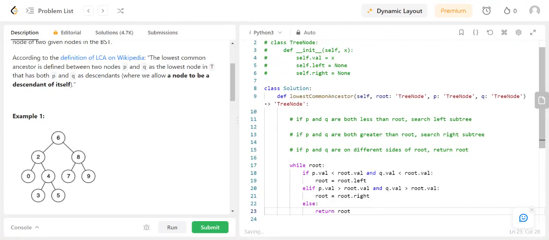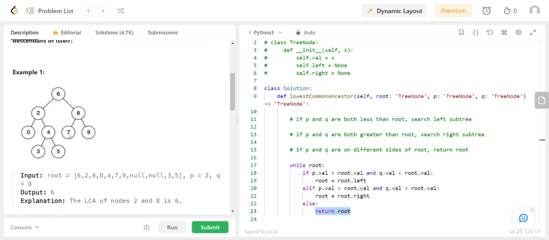So this is when we search the left subtree, this is when we search the right subtree, and this is when the nodes are on different sides and we found the lowest common ancestor, so we return root, right?